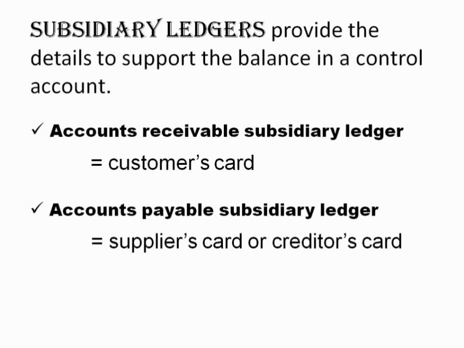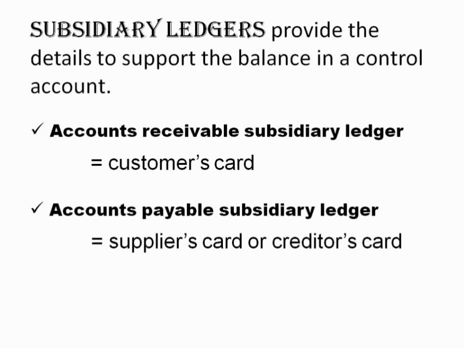Aside from the receivable balance from a customer, a subsidiary ledger also provides other information such as the date and amount of each sale to and collection from the customer. The same thing goes for the accounts payable control account in the general ledger.